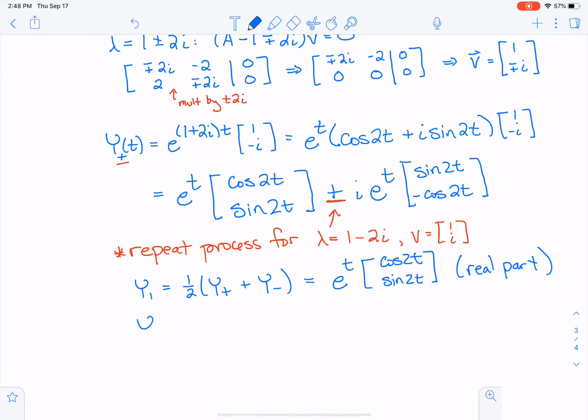And then if I take y2 and make it 1 over 2i times y plus minus y minus, what I'll get is the imaginary part, e to the t times sine 2t negative cosine of 2t.